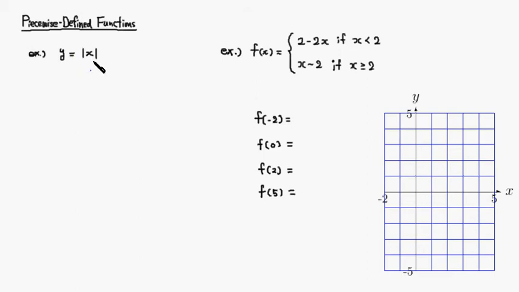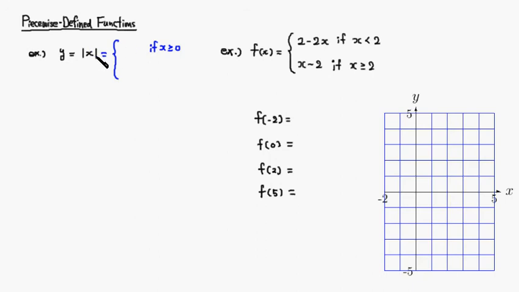This is a hidden piecewise defined function, because absolute value of x behaves like this. Depending on the x value, the absolute value sign does different things. For example, if x happens to be non-negative, the absolute value sign doesn't do anything.